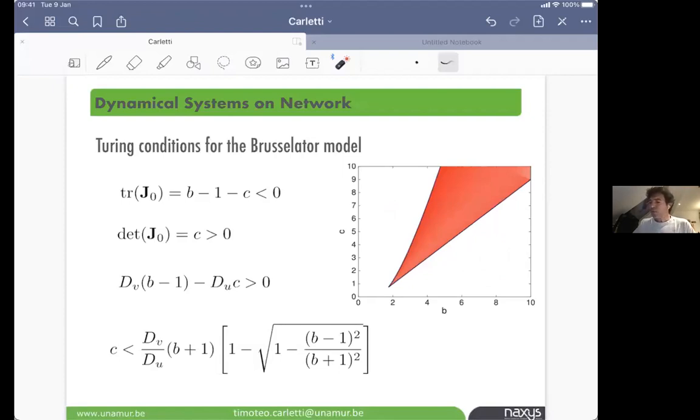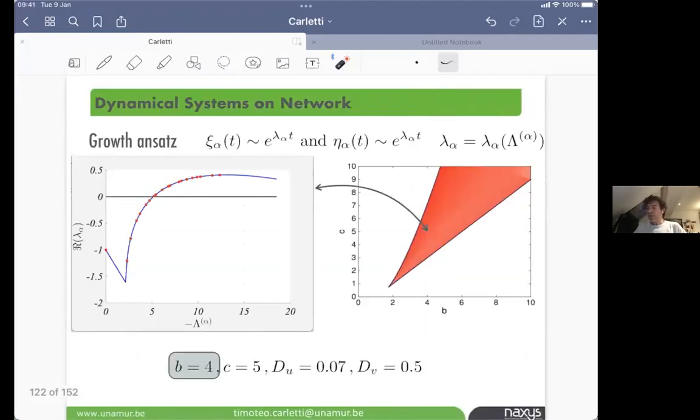Okay, let me just show you this. If you take now values here, so I take b equal 4, c equal 5, and two values of the diffusivity, then if you compute the rate lambda, which is called the dispersion relation, as a function of the eigenvalues, you find this kind of curve, which is negative at the beginning.